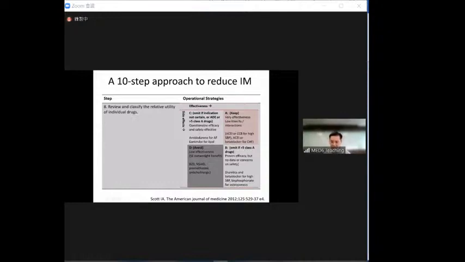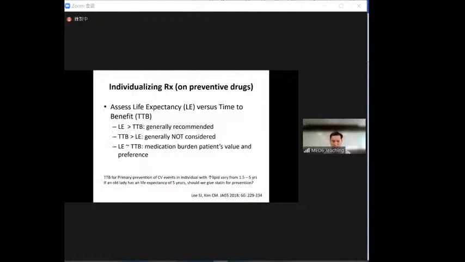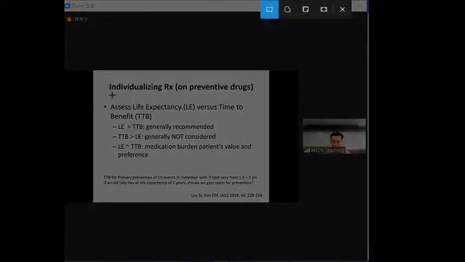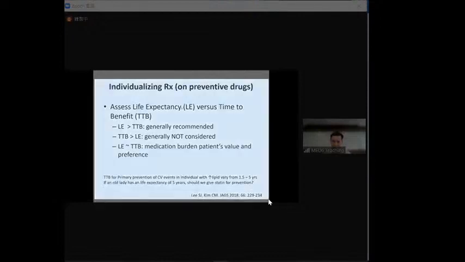The same applies to the rest of the medication list. If the patient has already had some adverse reaction and polypharmacy, you would want to judge whether this medication is applicable or useful to the patient. There is also the life expectancy versus the time to benefit ratio, right?